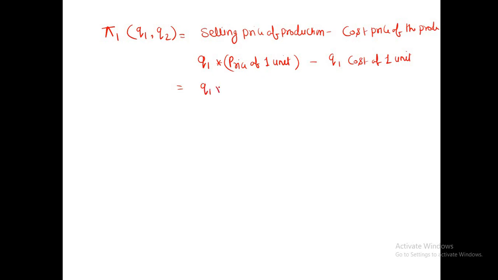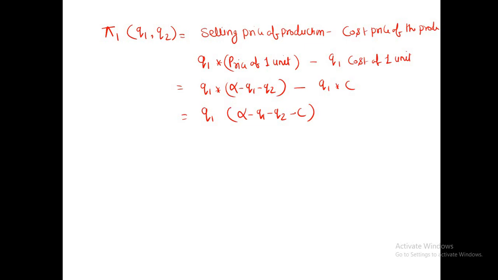Q1 multiplied by alpha minus Q1 minus Q2. And what is the cost of one unit product? The cost of 1 unit product is C, right? In the first slide we have taken the assumption that C is the cost of 1 unit production. So we can write it as Q1 times alpha minus Q1 minus Q2 minus C. This is the profit of player 1.